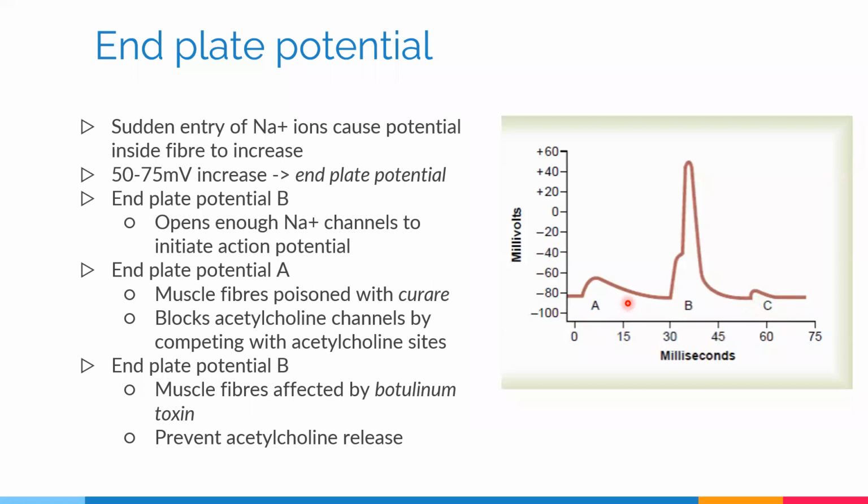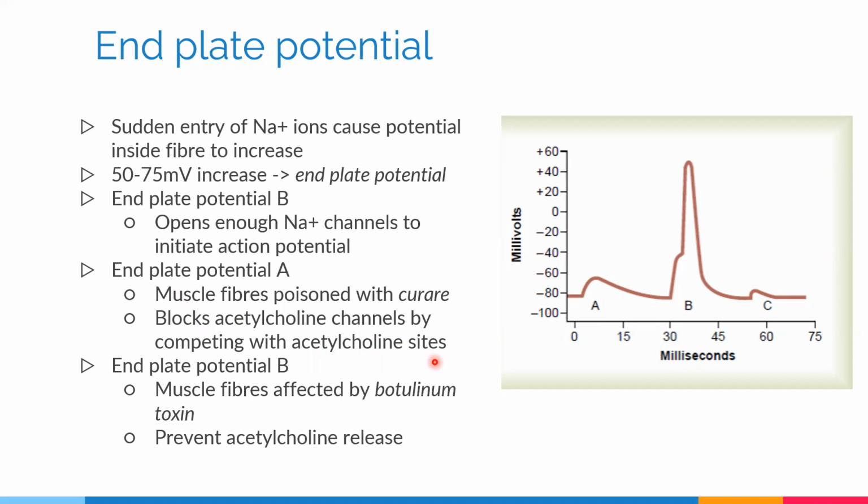Such a case occurs because the muscle can be impaired. In the case of end plate potential A, the muscle fiber itself is poisoned with curare poison, which does not allow it to initiate a full-blown action potential. Curare acts by blocking acetylcholine channels, competing with acetylcholine.